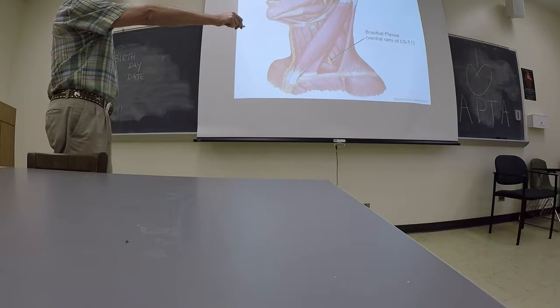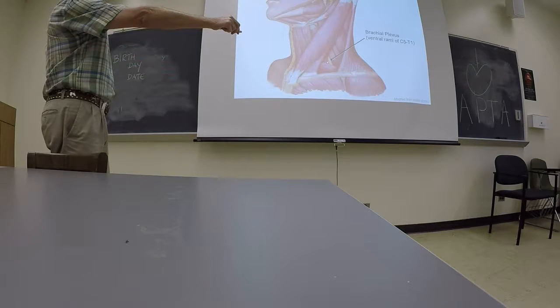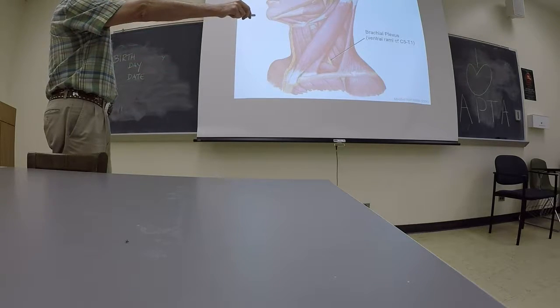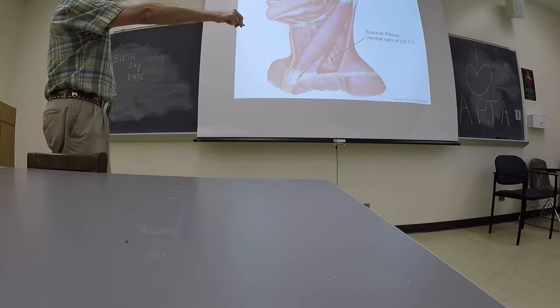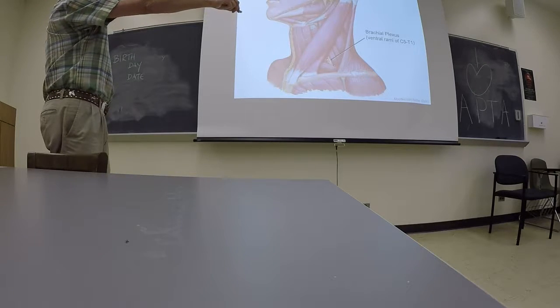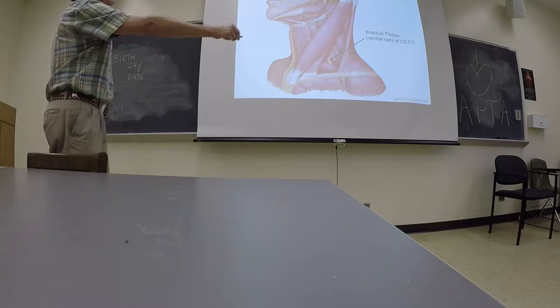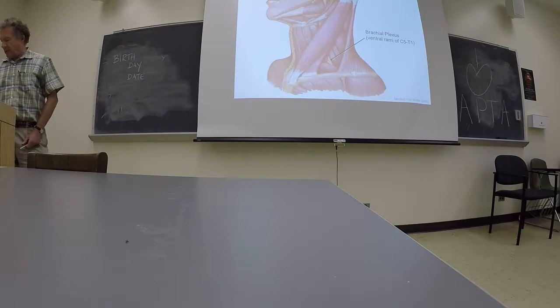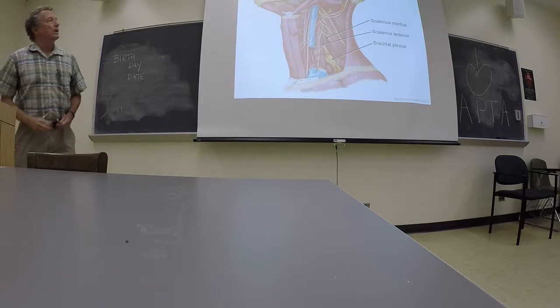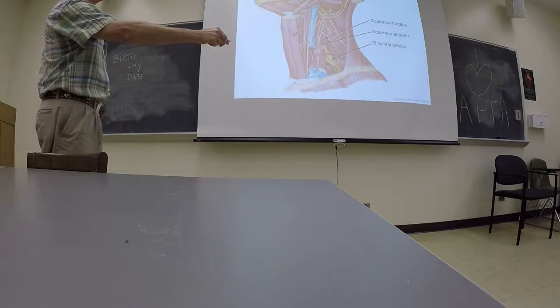Right, so here, ventral rami of C5, C6, C7, C8, and T1. You just see it as a little bitty bit of sort of bright white cord-like stuff between the anterior and middle scalene, just above the clavicle. Okay, so here it is dissected away a bit.